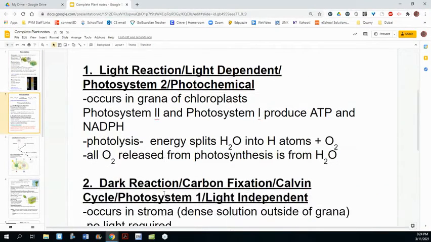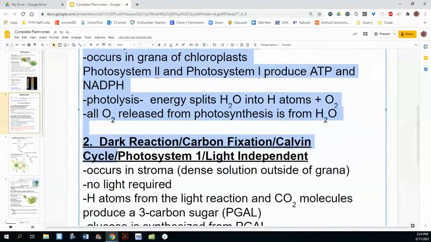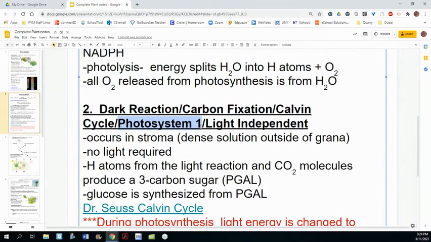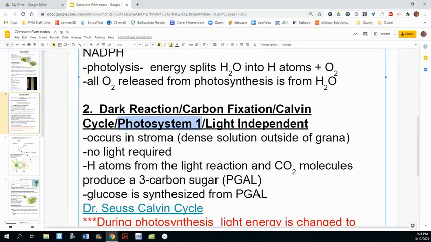All right, so photosystem 2 happens in the green stacks of the grana, but photosystem 1 occurs in the solution that surrounds those grana. No light required, and hydrogen atoms from light reaction and carbon dioxide molecules are used to produce a 3-carbon PGAL. Now, you're also going to see this referred to as G3P.